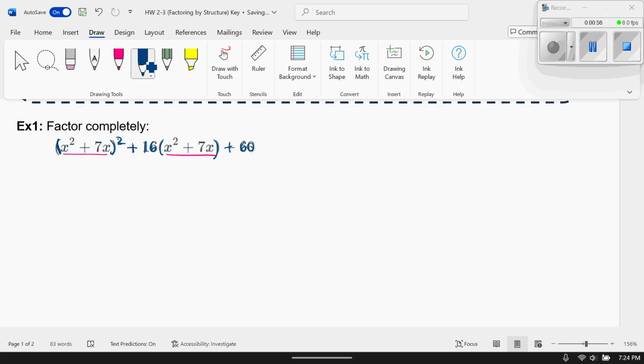That resembles something that I know. If you have something squared plus 16 times something plus 60, maybe you're thinking the AM method. Maybe not. But we're going to take what's on the inside and we are going to let U be the inside.